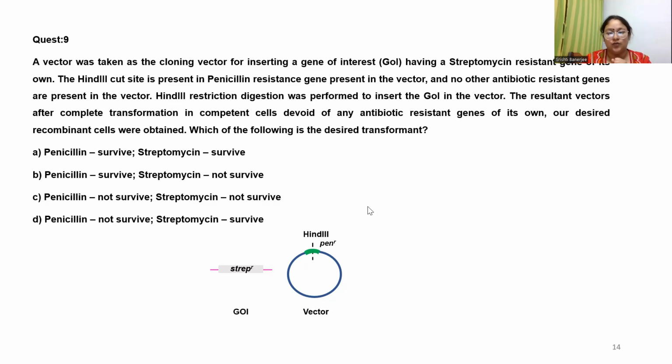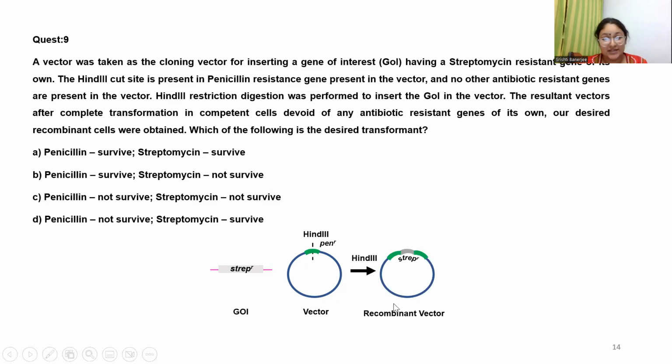You're exactly doing that: you're disrupting it and inserting the streptomycin gene with HindIII digestion. So now this recombinant vector is no more penicillin resistant, but yes, it is streptomycin resistant, because the penicillin resistant gene has got disrupted, but it still has the streptomycin resistant gene in it.